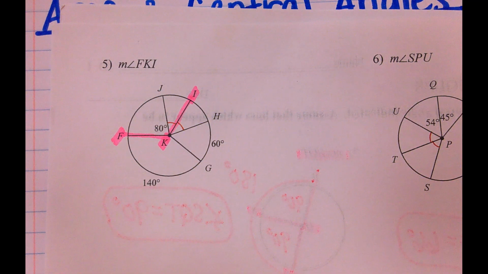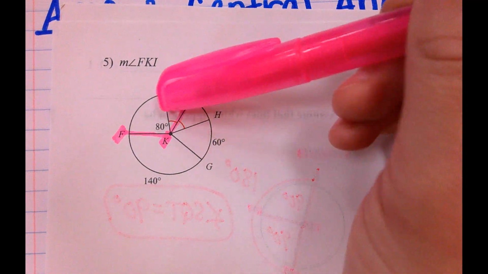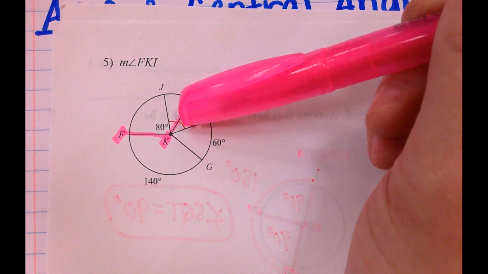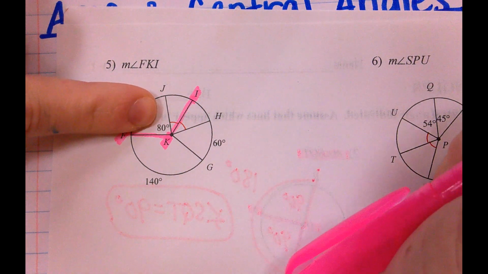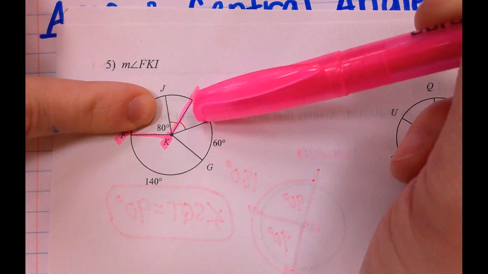Okay? So, does anybody have an idea of what we can do here? I think both of them equal 80. Both of them equal 80, you think? No, the other one. This one is 80 degrees, and then both of them are 40, but they add to 80.